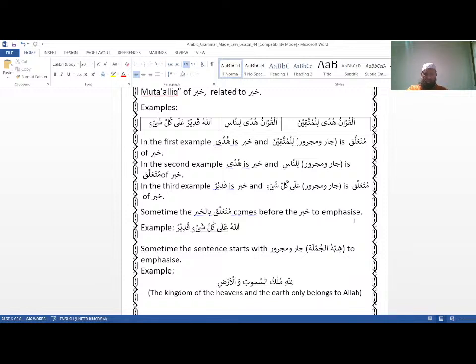Where do we get the meaning of only from? From the structure of the sentence, because the shibhul jumla is coming in the front of the sentence. The kingdom of the heavens and the earth belongs only to Allah. Lillahi mulku samawati wal ard.